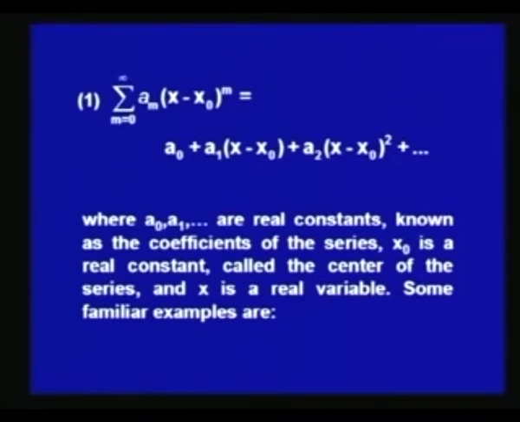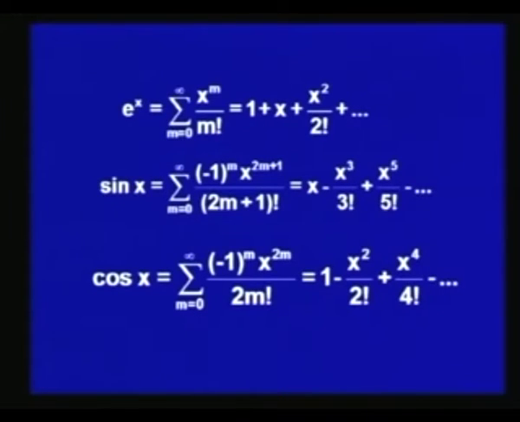Some familiar examples are e to the power x, which is sigma m equal to 0 to infinity x to the power m over m factorial. We may write it as 1 plus x plus x square by 2 factorial and so on. Another example is sin x, which is sigma m equal to 0 to infinity minus 1 to the power m x to the power 2m plus 1 over 2m plus 1 factorial, which when expanded gives us the series x minus x cube by 3 factorial plus x to the power 5 by 5 factorial and so on.